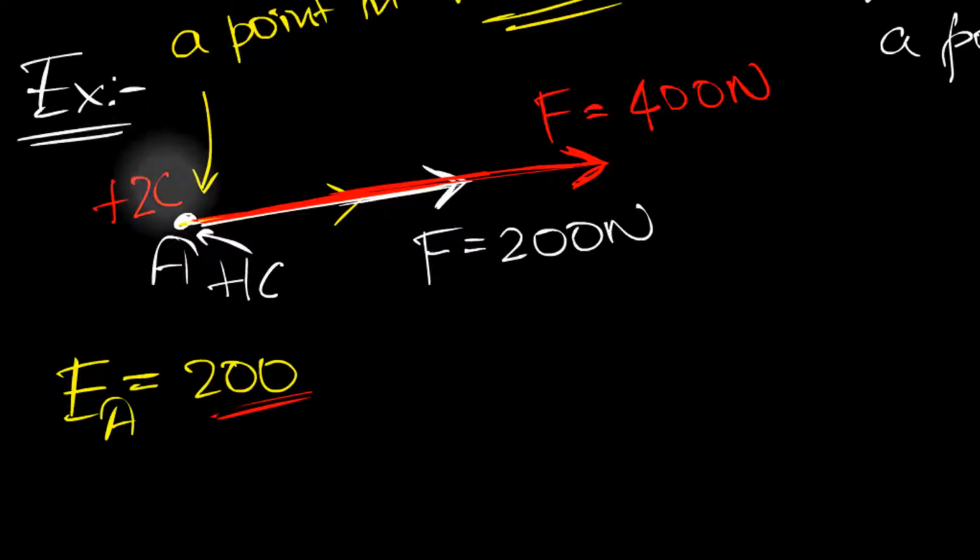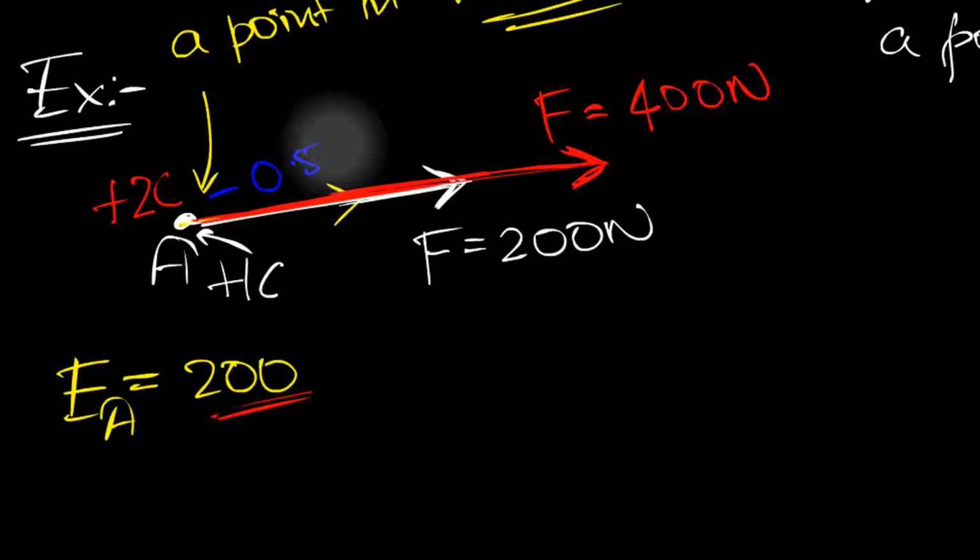What if I kept 3 coulombs? It would be 3 times 200. Alright, but what if I kept a minus charge? I don't have to keep a positive charge all the time. I can also keep a negative charge. Let's say I keep -0.5 coulomb.